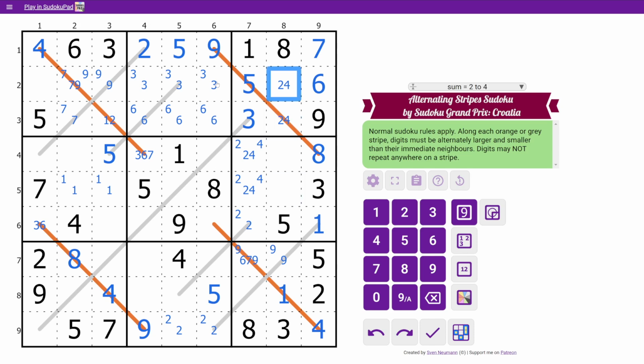This is a 2-4 pair here. Oh wait, 3's already down there. What's left in this row? A 4, no. A 6, a 7, and a 9.